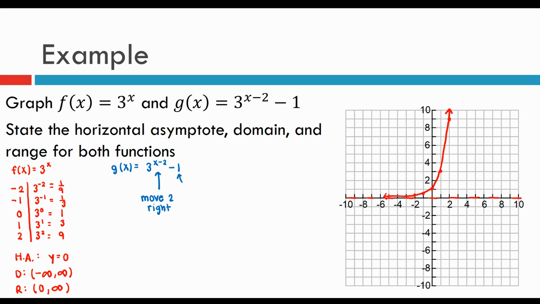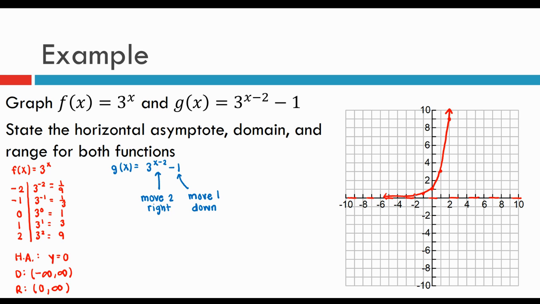And because we have a number that is not connected to that base, it is outside of the exponent, that means that that is a vertical shift, and we do keep the sign. So because it's a -1, that means we want to move 1 down. So literally, we can just take each of our ordered pairs from this f of x function, and we can move 2 to the right and 1 down.